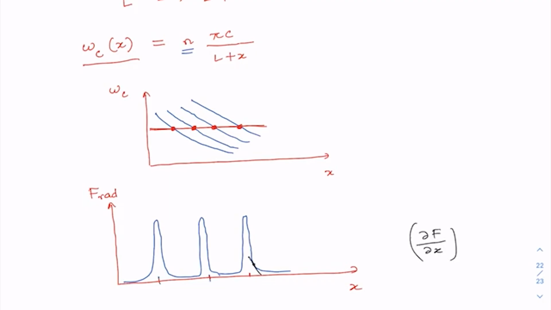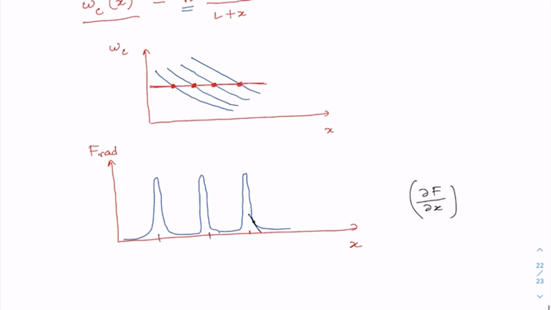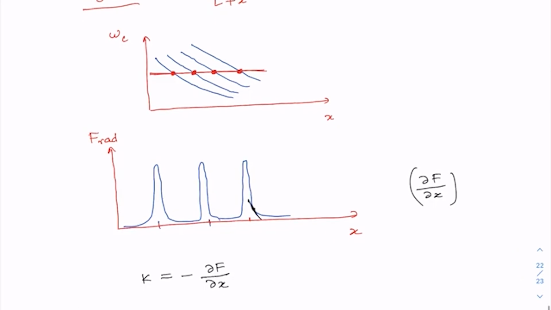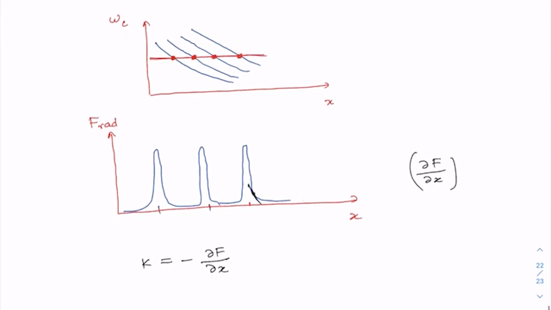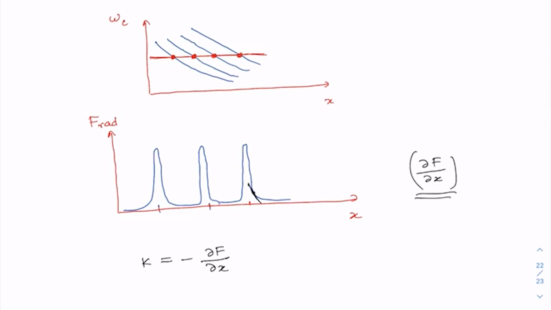So what does it mean? It is clear from this diagram that the force is position dependent. Then the slope gives an effective spring constant, say k = -∂F/∂x. So the force gradient with a minus sign gives us the spring constant.